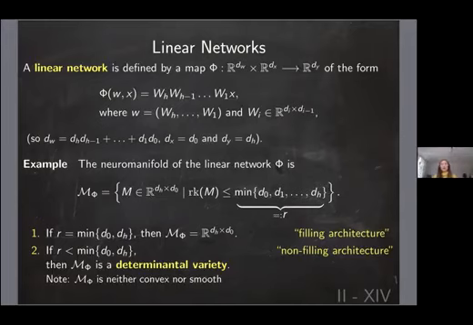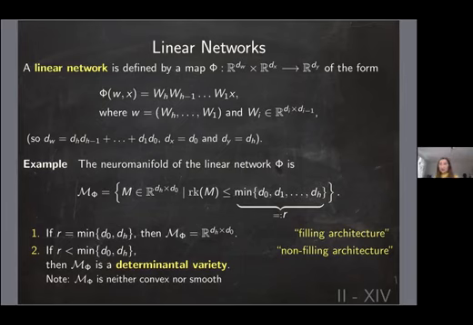And the second case is what we call non-filling architecture. Here, we're dealing with an algebraic variety, which is neither a convex set nor even a smooth manifold. So this is already, in this easiest possible setting of neural networks, we're dealing with a non-smooth manifold.